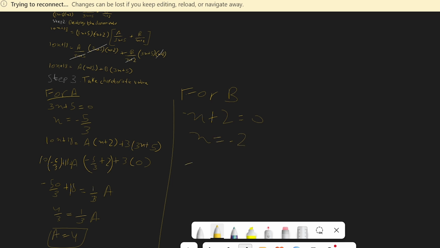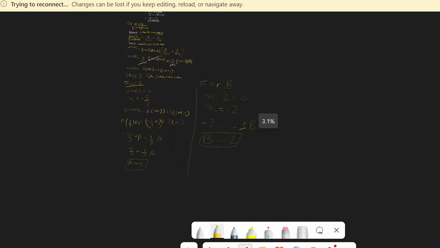We put the factor of a equal to 0, because we're solving for b, and that will naturally come 0. So 3 times minus 2 plus 5 is minus 1, so that will be minus 1b. So b is equal to minus 2 divided by minus 1, and that is 2.